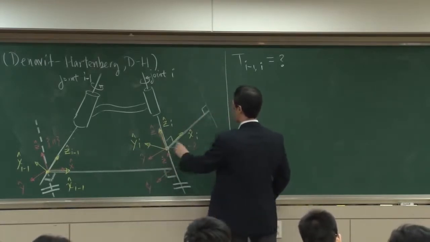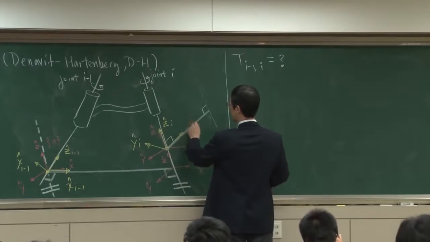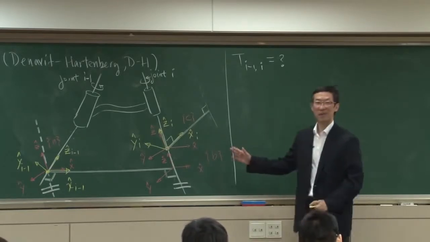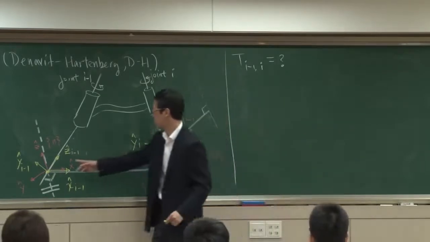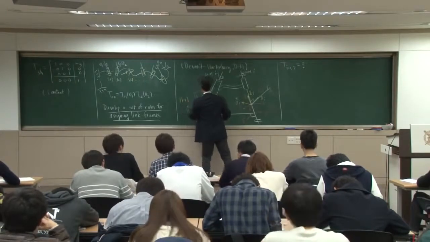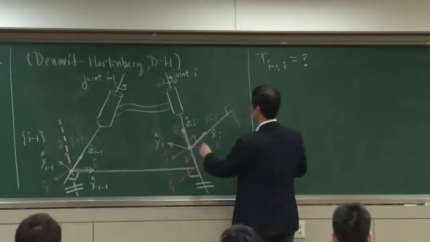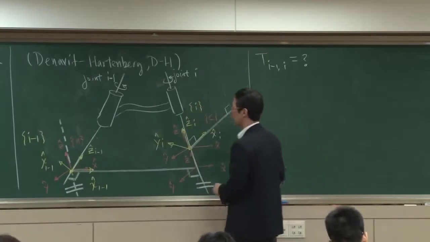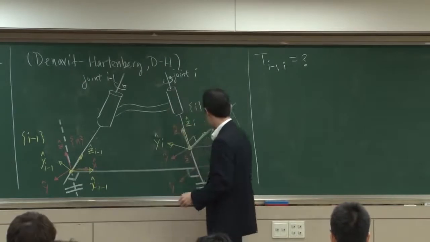So this is my frame C here. So let's say I have 5 frames. The first frame is frame I minus 1. This yellow frame here is frame I. And in between I have frame A, frame B, and frame C.